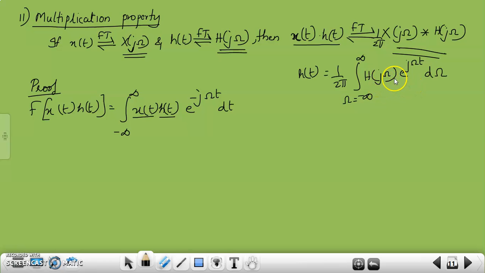Here you have an omega term. In order to differentiate this omega from the other omega, I am taking this omega as omega 1.